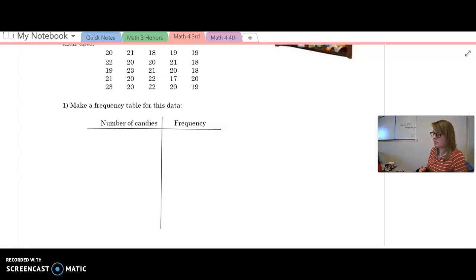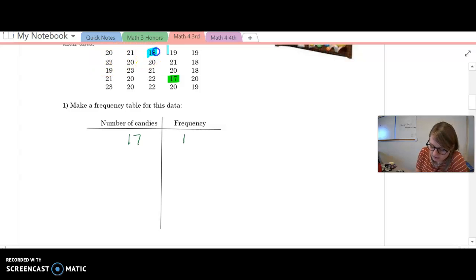A frequency table is really where we're going to put the number of candies. So say our first one, we want to find the lowest one, is going to be 17. Now how many times did we find 17 in here? We only found it once. So the number of candies, 17, and the frequency of that was 1. And that's all. So now let's do 18, since that's our next number.